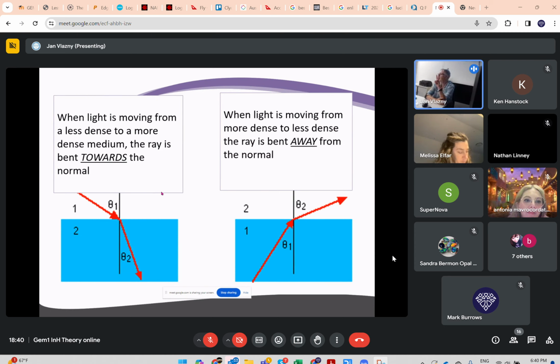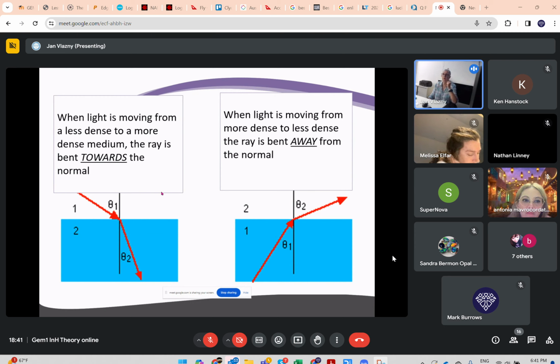So what two things happen when light goes from a less dense to a more dense medium? It bends towards the normal, and it slows down. If we wanted to measure what's going on when that light enters a gemstone, we can either work out how much it has slowed down, or measure how much it has bent.